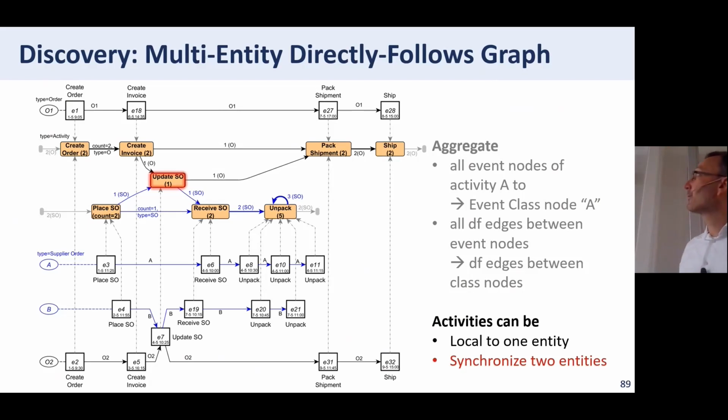And I remember for which type of entity this edge describes it, right? So this is an edge describing an order moving from create order to create invoice. This is an edge describing place supplier order to update supplier order. And then I can have activities here that participate in 2 different entities, because I have this event E7. So I have 2 directly follows edges going in.